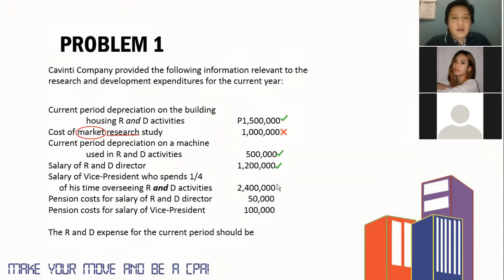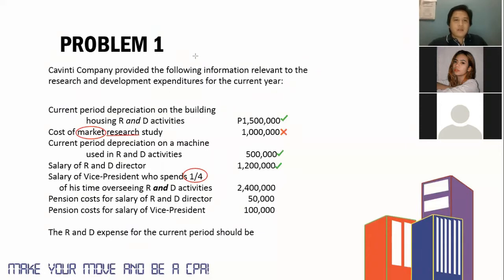Okay. Guys, be very particular of this item. Sabi kasi, only 1/4. If 1/4 time is being devoted, then therefore, the allocation of the expense should also be allocated 1/4. Okay? So, we have 2.4.